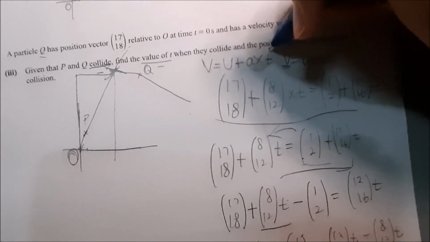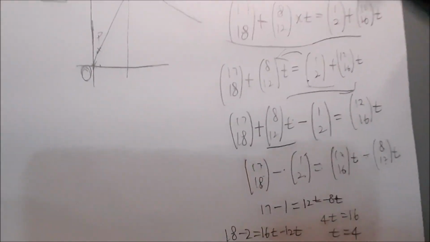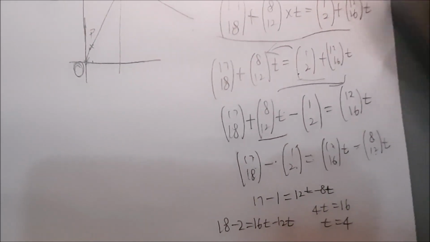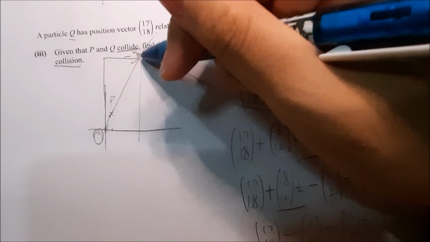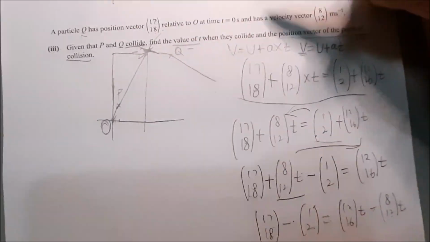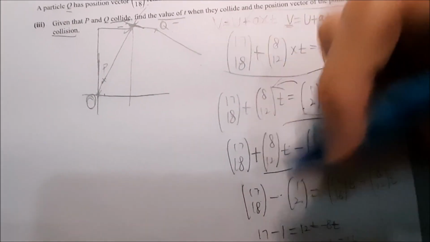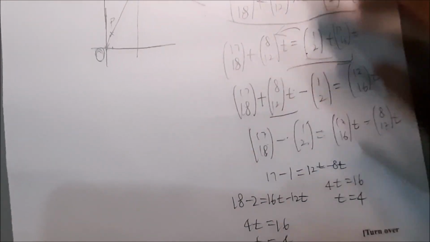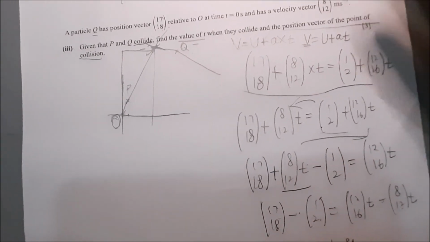And the next answer, it says the position vector of the point of collision. This means that you have to find the point where they collide, the coordinates where they collide, basically. So what you do is just substitute the time that you have just calculated into any of these equations right here.